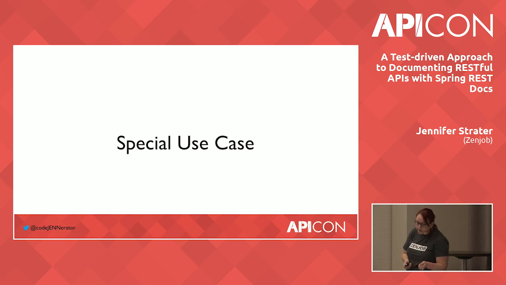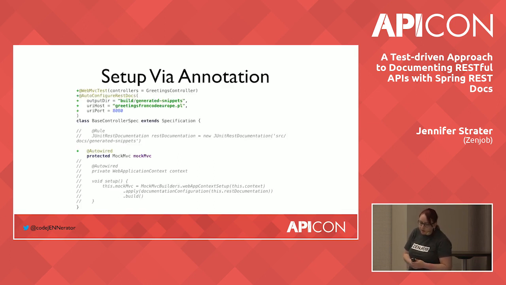So if you were in an even more special use case, rather than setting up this part and setting up where everything is supposed to go, it's now included as part of Spring Boot that you can add an annotation, AutoConfigureRestDocs, and it will do all of this for you. So we're slowly getting towards more minimalistic code.